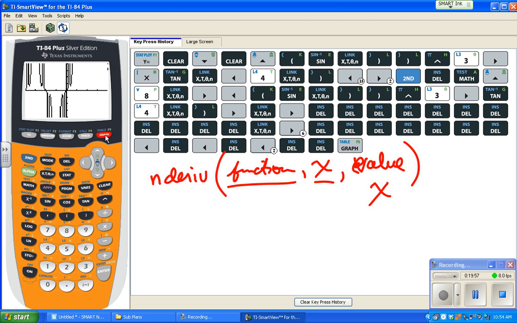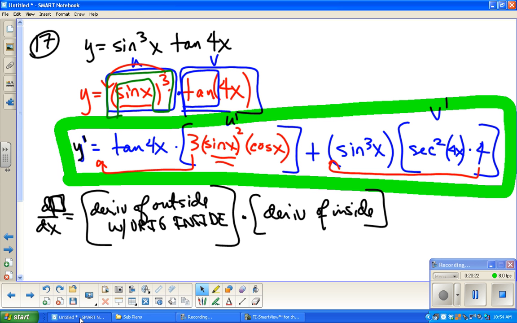So it's doing little slopes, y2 minus y1 over x2 minus x1 at every pixel for that complicated equation, and so it's taken a long time. Okay, so this is doing the numeric derivative of the original function for number 17. Now what I want to do is see, does my answer give the same graph?